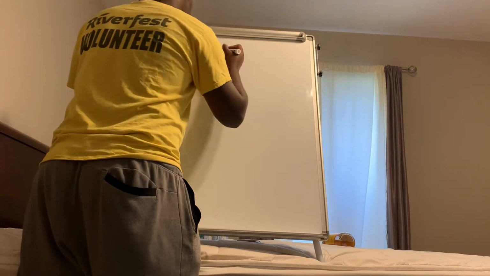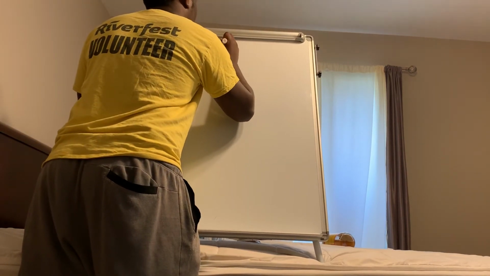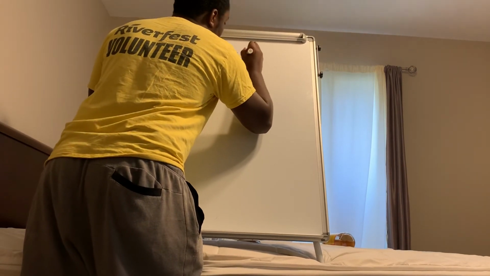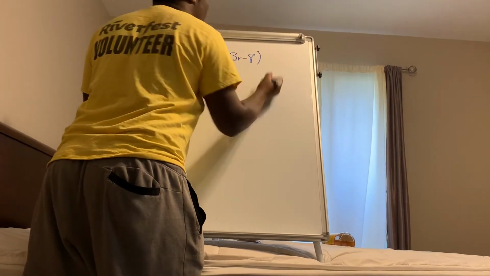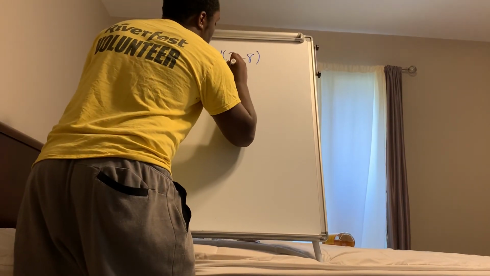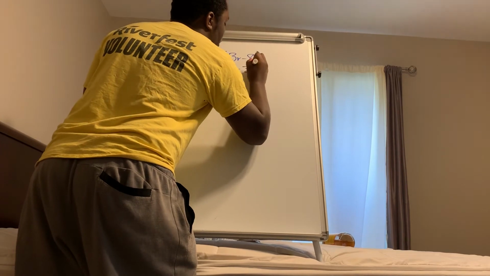We have 4 times (3r minus 8). Distributive property. 12r minus 32.